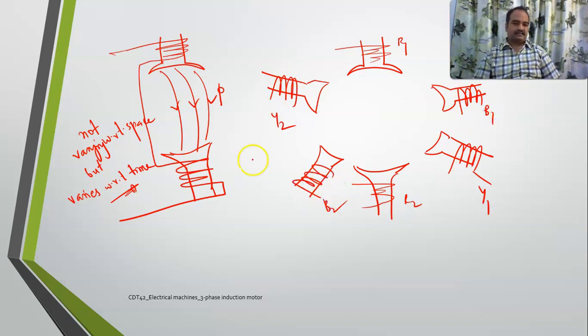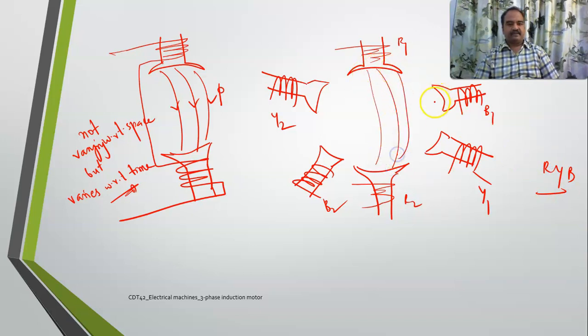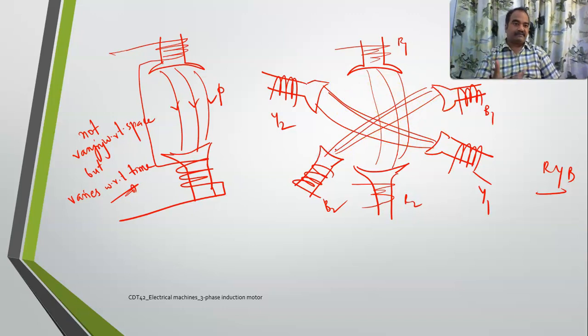Now I'll assume that these are being fed by a three-phase supply. This is the R field, this is the Y field, and this is the B field. All these three fields are varying with respect to time. The magnitude is varying with respect to time.